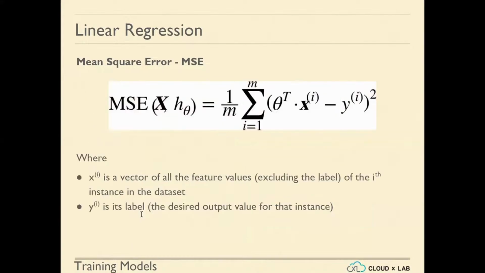Here we are using superscript i to mean the ith training example, and yi is the actual output for the ith training example, right? So xi means the input vector for the ith data point, and yi means the actual output for the ith input, right?